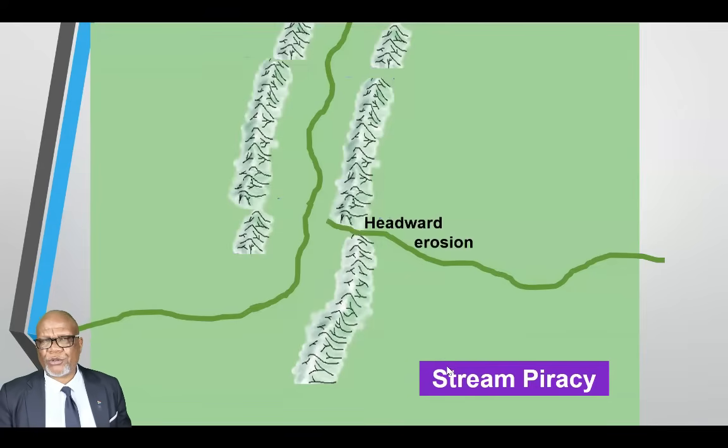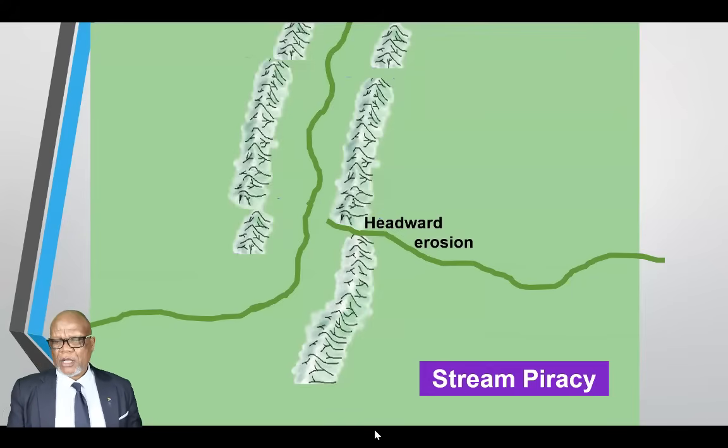I don't want to use the word steal because it is not a geographical concept. The geographical concept is that the water diverts a stream, not steals.